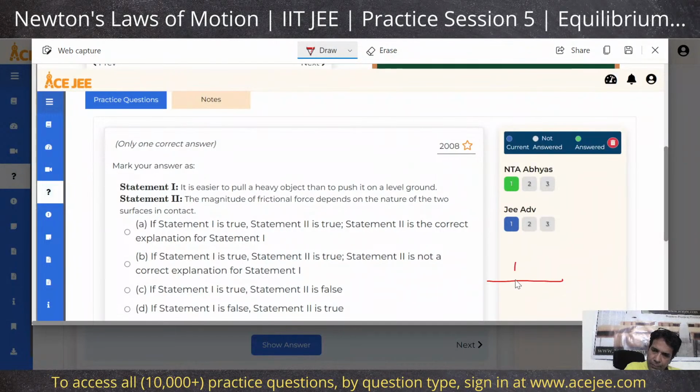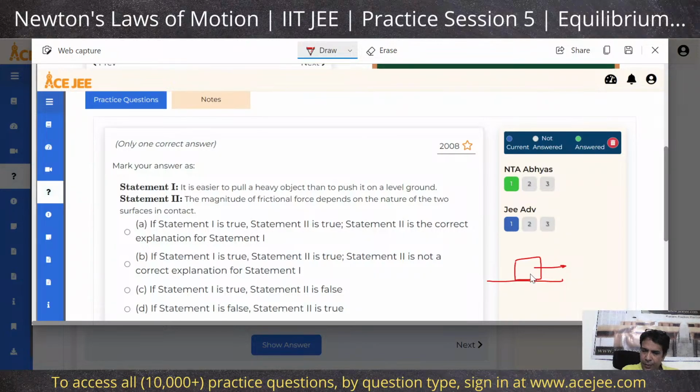The force is not strictly horizontal. No, the force is at an angle, right? So at what angle, it's up to you. It can be horizontal, it can be at an angle. So then, I think statement 1 will be true, but statement 2 will not be the correct reason or explanation.